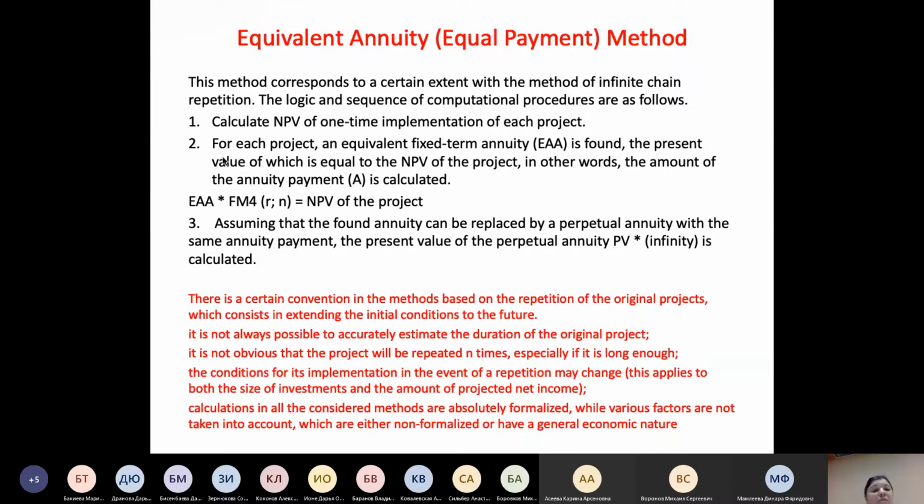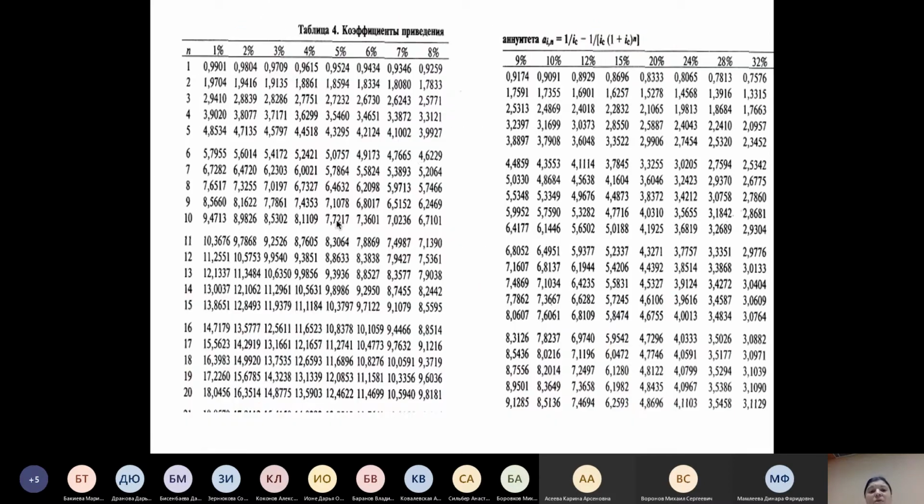For us, it will be 3.3 divided by which coefficient? The table of our discount factors is presented. Dear colleagues, which coefficient? You can use the microphone. 10% discount rate in our case. Divided by which coefficient?